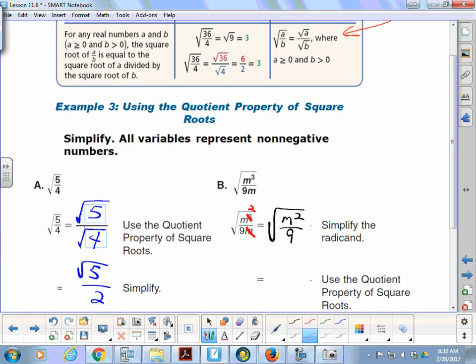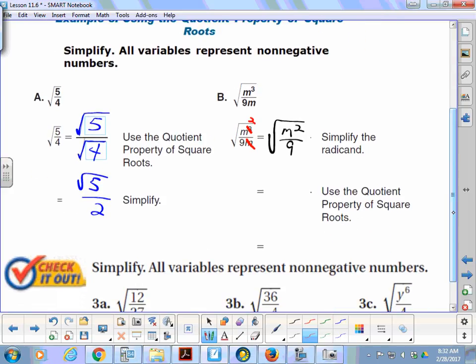So we do some canceling. Then I use the quotient property. It says the square root of m squared over the square root of 9. So the numerator is m, the denominator is 3.